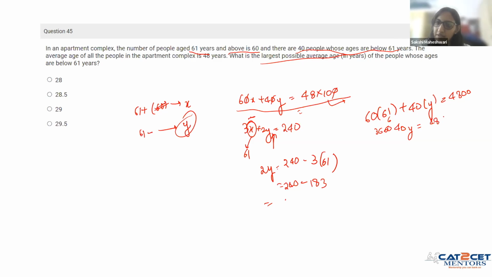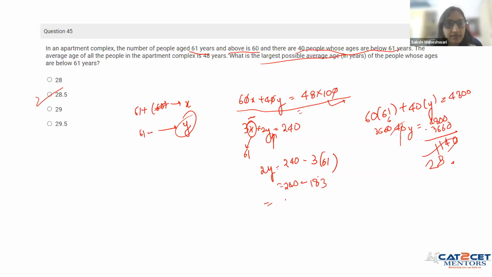So 4800 minus 3616 will be 1140, and this will be 410, and 28 point something. So I think this will be 28.5. Okay, that was 2y.